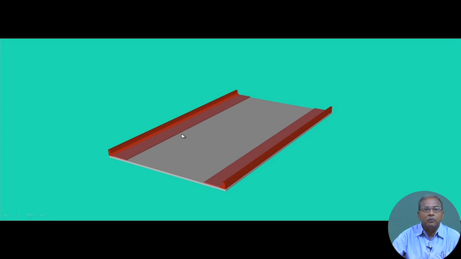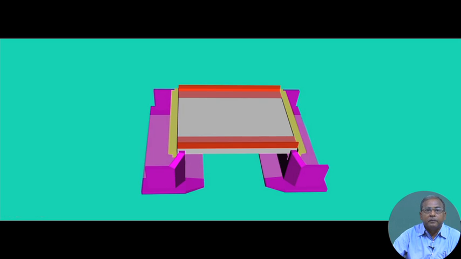We do not know what is below this deck, and the deck may look like a very small thickness. This is the deck, where we have removed the crash barrier and the footpath. The whole bridge is supported in this particular manner.